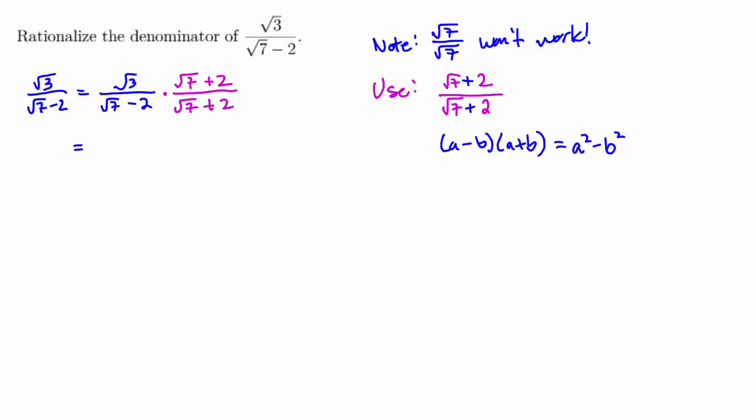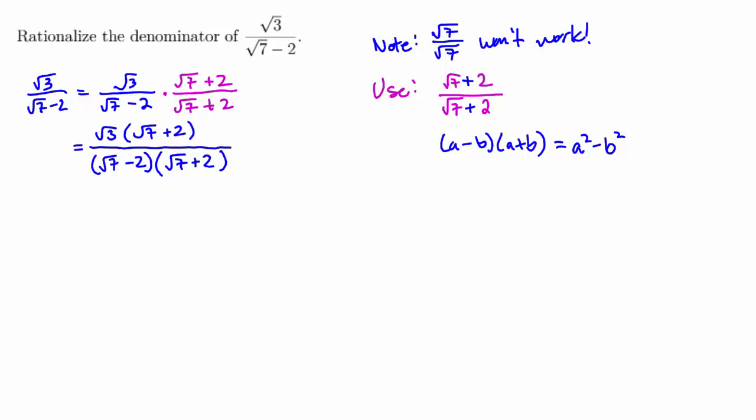Now I'll multiply the numerator, and I'll get the square root of 3 times the square root of 7 plus 2. That goes in parentheses. And then I'm dividing that by the square root of 7 minus 2, which I'll put in parentheses, times the square root of 7 plus 2, which I'll also put in parentheses.